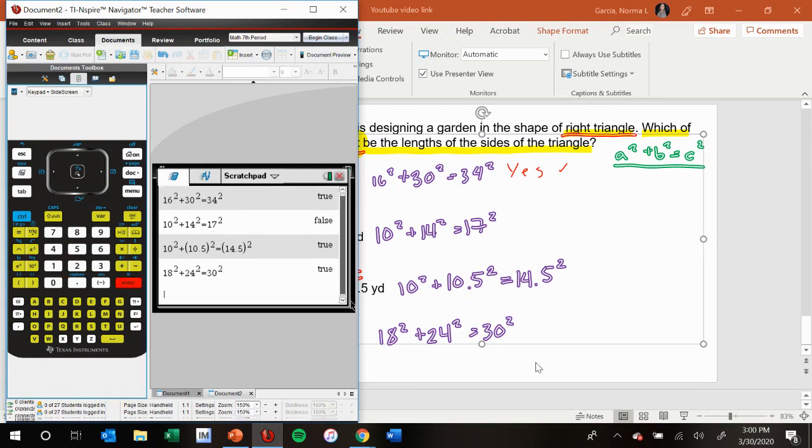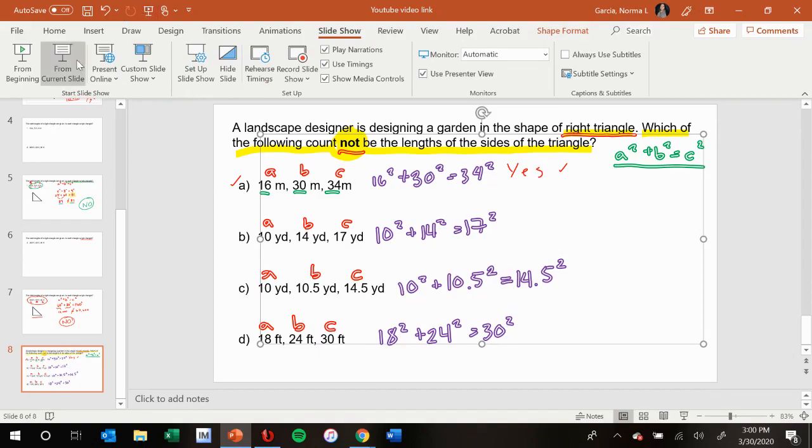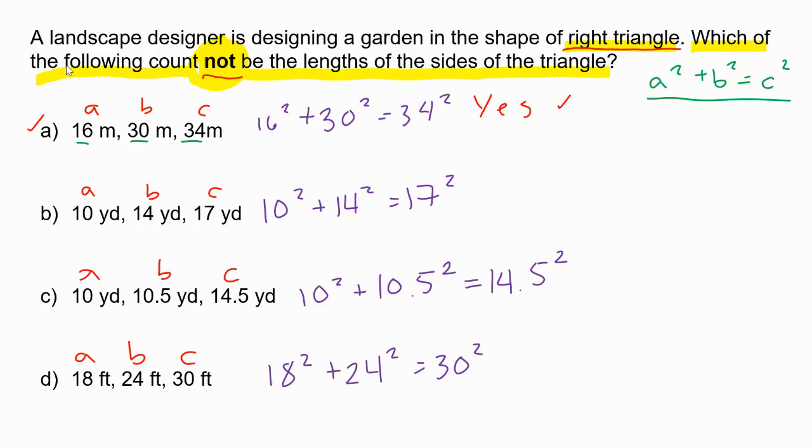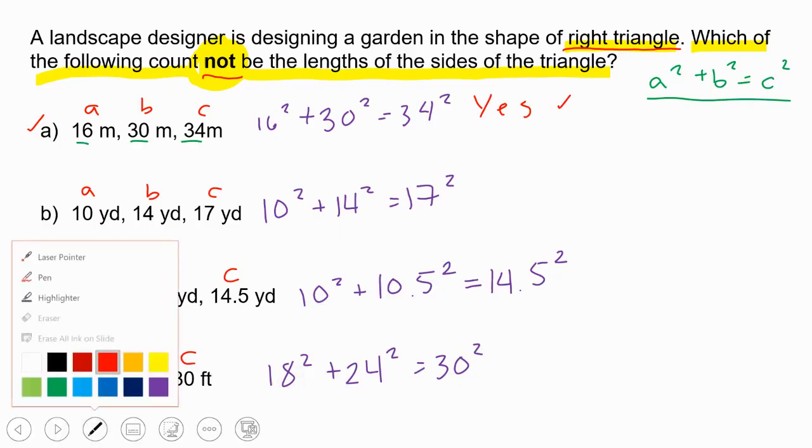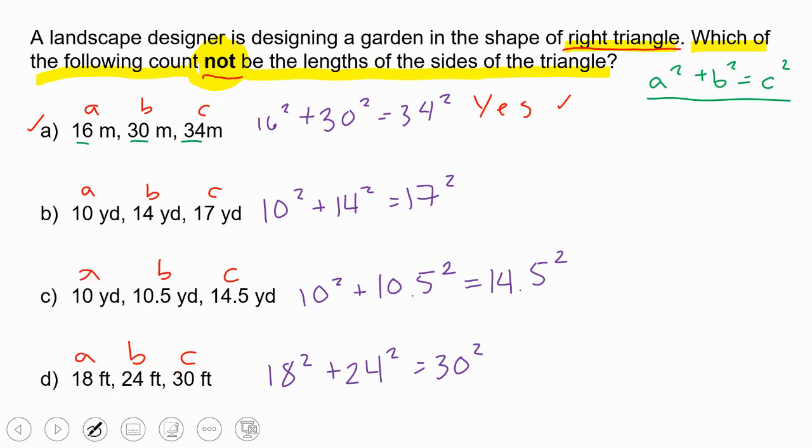Okay. So coming back over here, let me present from this side. I know that this one is not a right triangle, this one is a right triangle, and this one is a right triangle as well. So again, they're looking for the one that is not. My answer here would be B.